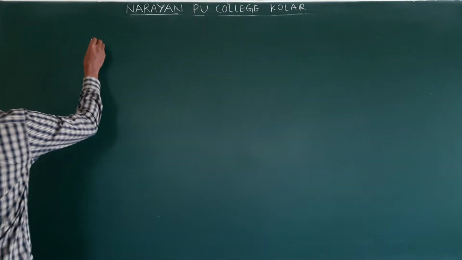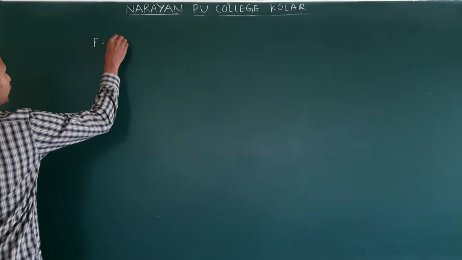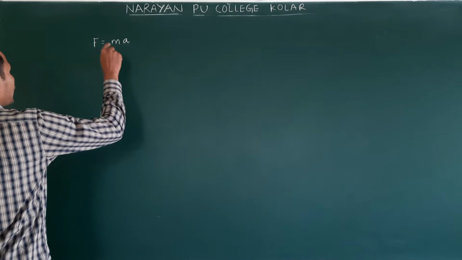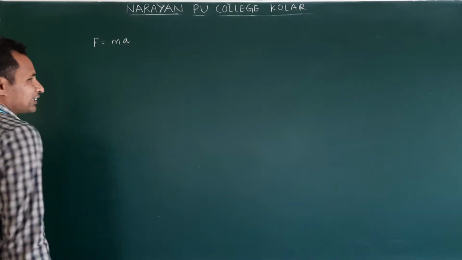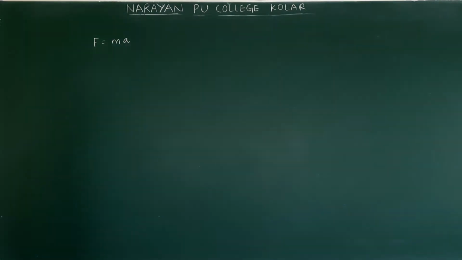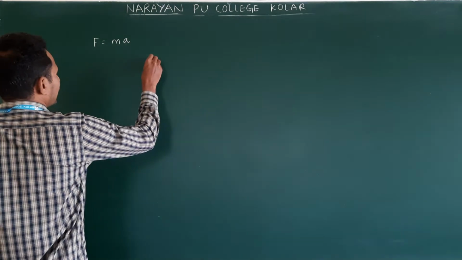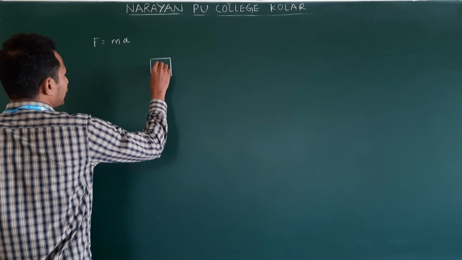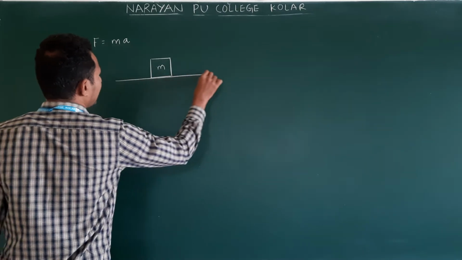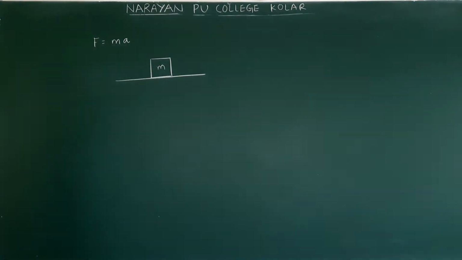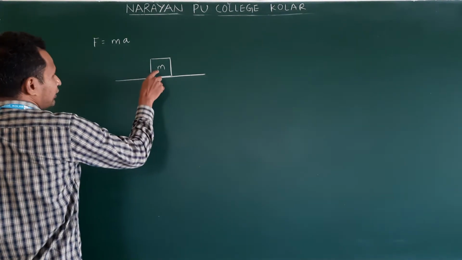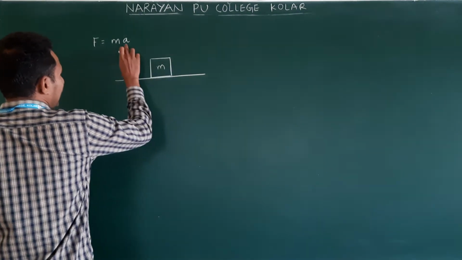Now, what was the last equation? F is equal to ma. What does F stand for? Force. M stands for mass. A is acceleration. Of whom? If an object of mass m is resting on a horizontal surface, and this F applies on this body, it accelerates.